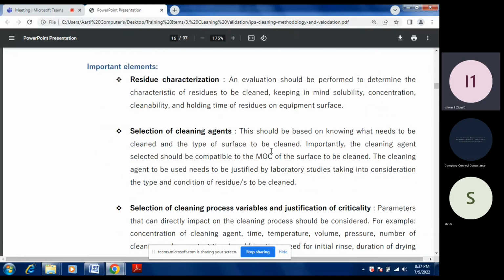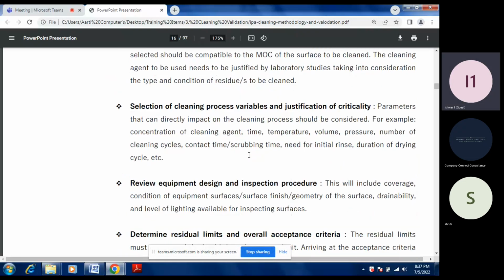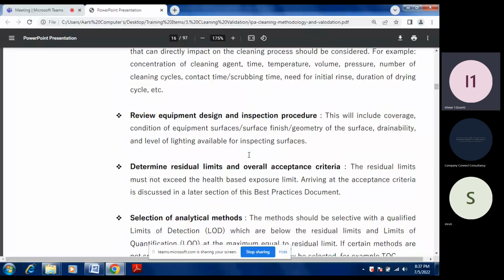The important elements are the residue characteristics, selection of the cleaning agent, selection of the cleaning process variables and justification for their criticality, and review of equipment design and inspection procedure, determining the residue limit and overall acceptance criteria. So the limit of residue is defined based on the worst-case criteria, based on the MACO calculations.